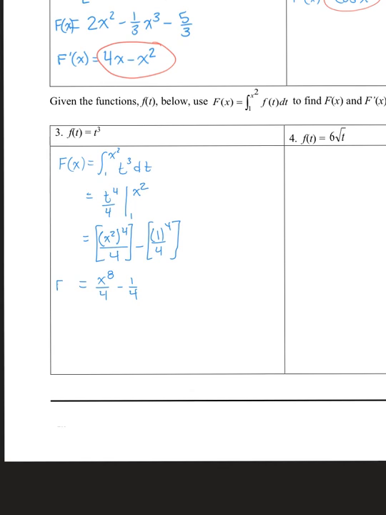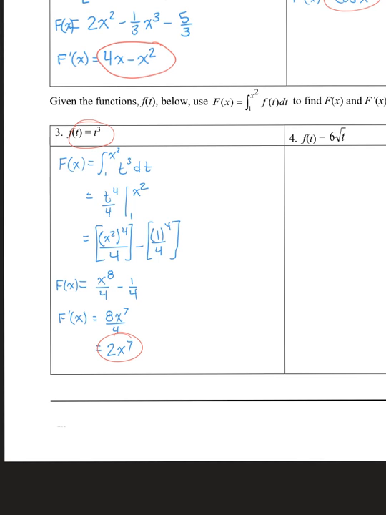So this is capital F of x. The derivative would be 8x to the 7th over 4. Okay, so, and then you reduce that and you get 2x to the 7th. Okay, now in this case, this does not reflect back to our original function, or what we started with, our f of t. Okay, very, very different.